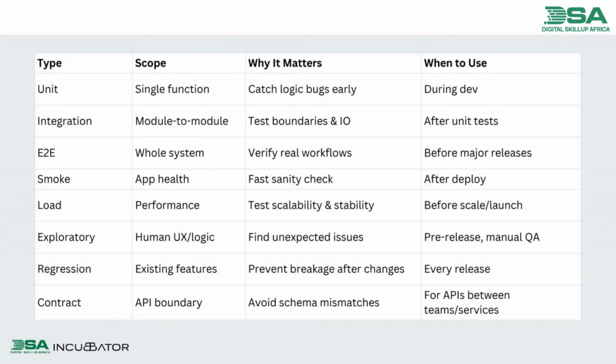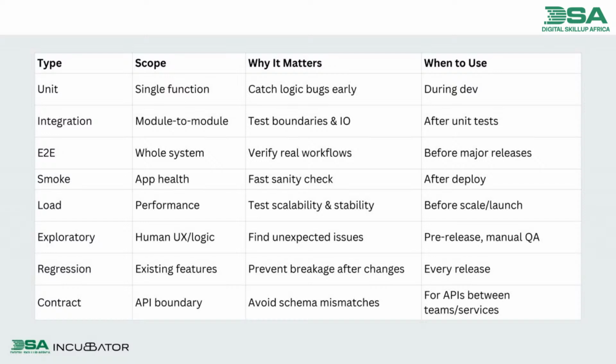For instance, you have a UX that is jumping. When you start scrolling, it just jumps up and down. That one, you probably may not be able to write an automated test to catch that, but a human tester can go around and actually catch such issues. So you do this pre-release, and it's typically done manually.